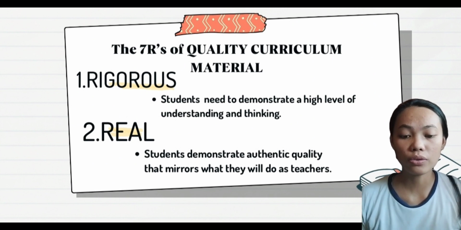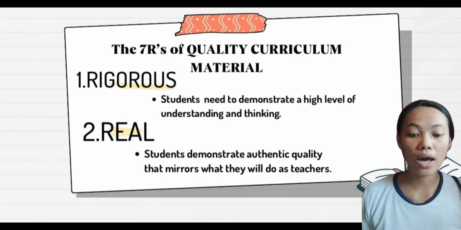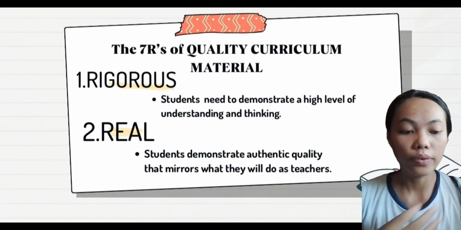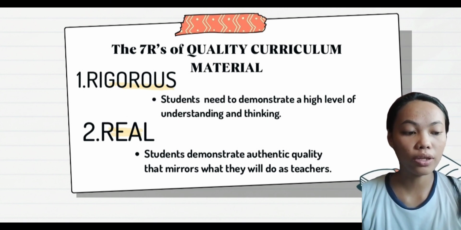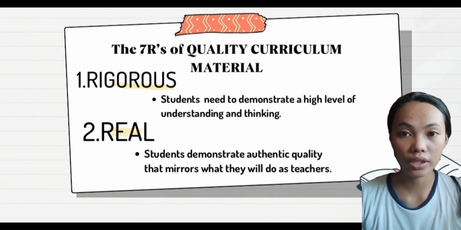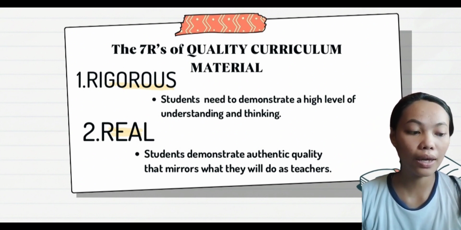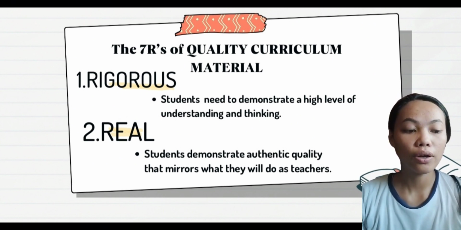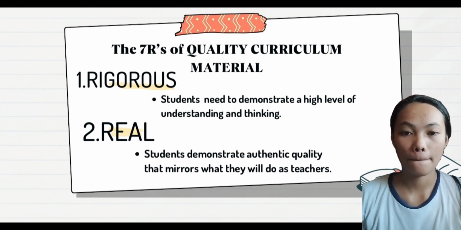So rigorous means students need to demonstrate a high level of understanding and thinking. A curriculum material is rigorous if it provides students opportunities to develop higher order skills, decision making, and depth of understanding. It also points the direction for learning for students, understanding beyond a minimal outcome.